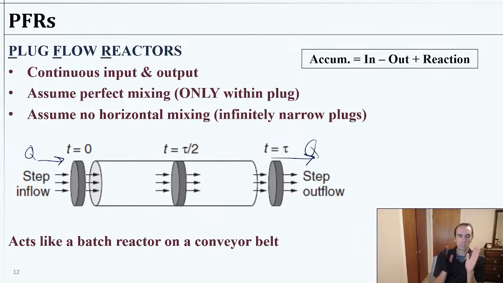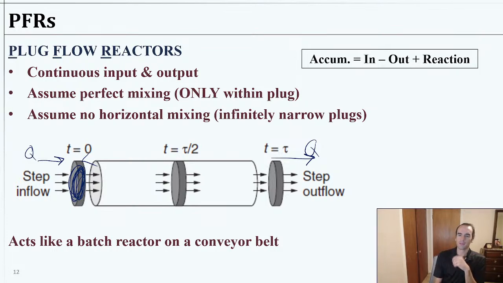But we only have mixing in one slice of our plug that is going through. Within one really thin slice we can imagine this being perfectly well mixed, but it is not mixing downstream. There's no lateral mixing in an ideal plug flow reactor.